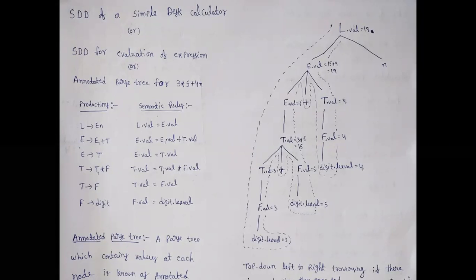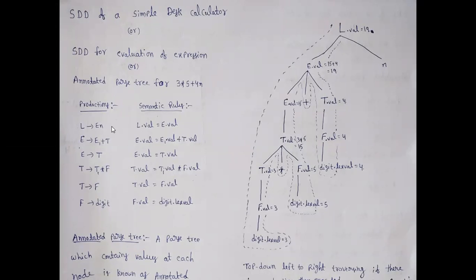We are evaluating one expression, or constructing an annotated parse tree for the given expression. So is there any doubt with this example? Anyone? No, sir. So tomorrow we want to discuss more examples on this evaluation of expressions.